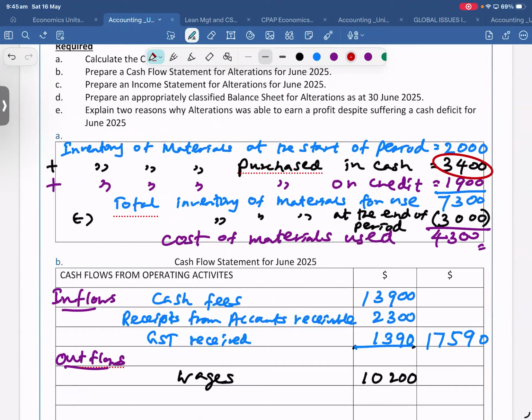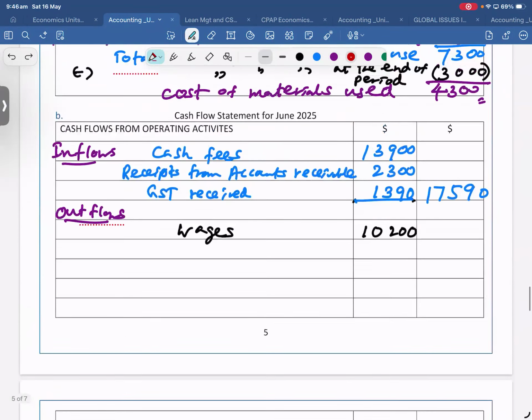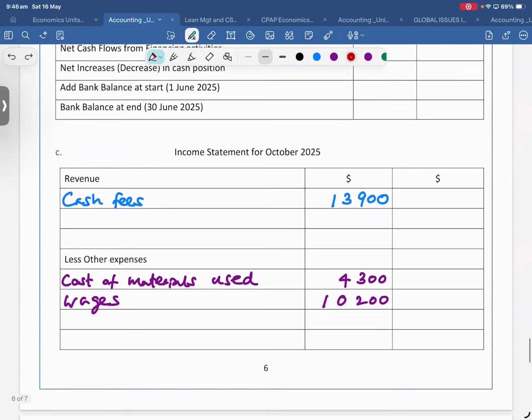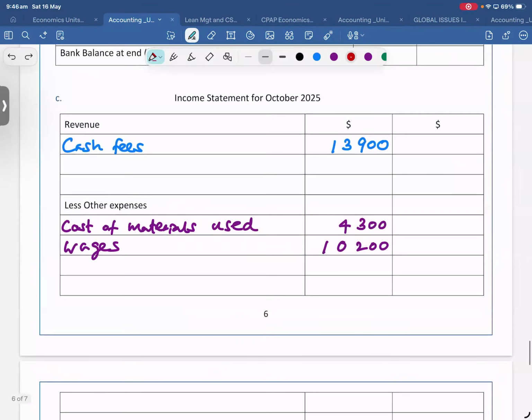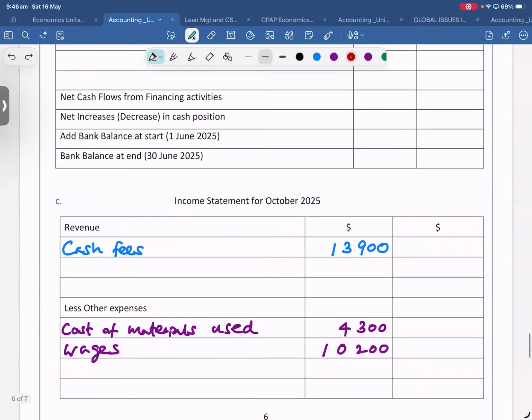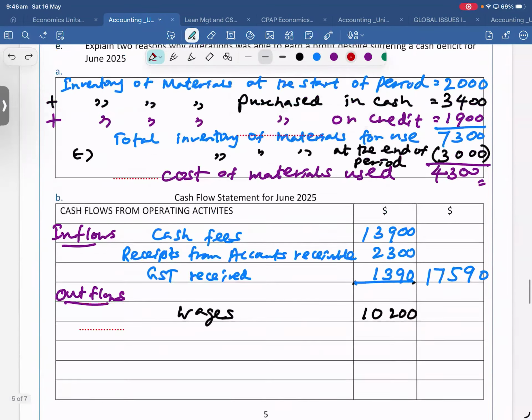We calculated 4,300, which became an expense, cost of materials used. We have done with that, so we don't have to worry about it.